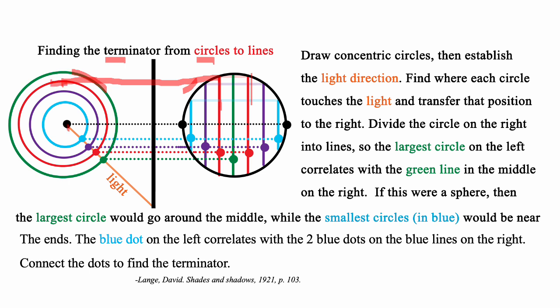So draw the light direction in any manner, and then let's look at this green dot here on the green circle. We transfer it over until we run into the green line, and that will give us this dot. For the blue circle here, we transfer this over, and there's a blue line here, so we get this dot, and there's another blue line over here, so we get this dot. And then you connect them, and you have the terminator for the sphere.